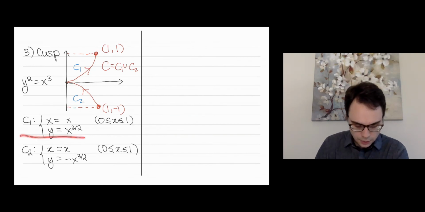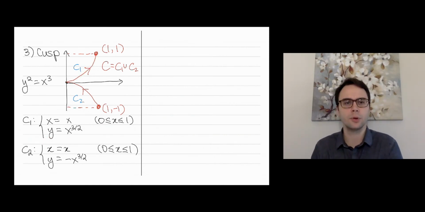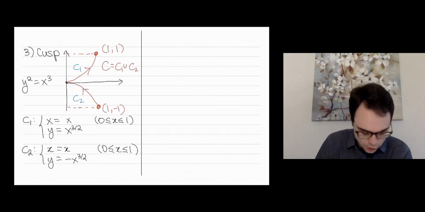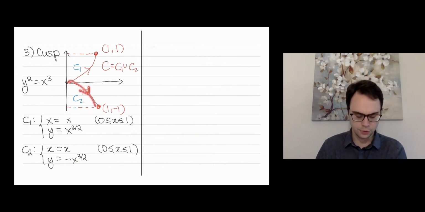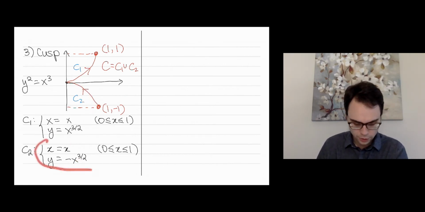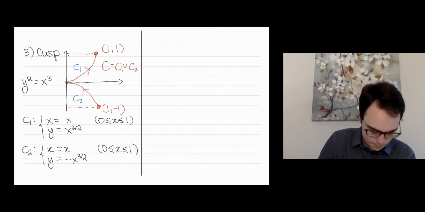C1 is fine, because when x increases from 0 to 1, I'm following along the given parameterization for C. But C2 is not fine. When x is 0 on C2, I get the point 0, 0. When x is 1, I get the point 1, -1. So C2 is going in the opposite orientation. This parameterization is actually giving me minus C2.